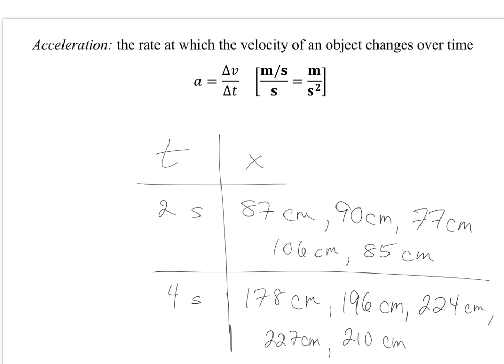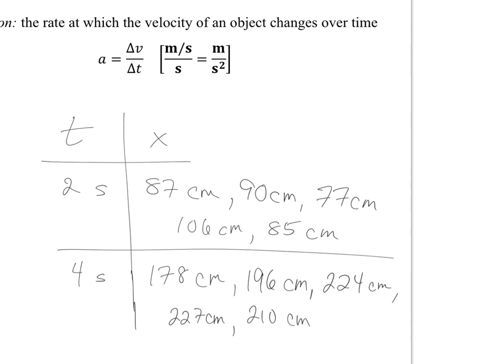What's the average for the 2 seconds? Anybody get an average for me? Give me an average for both. Okay? For the displacement after 2 seconds and after 4 seconds, give me an average. 89 centimeters for 2 seconds.